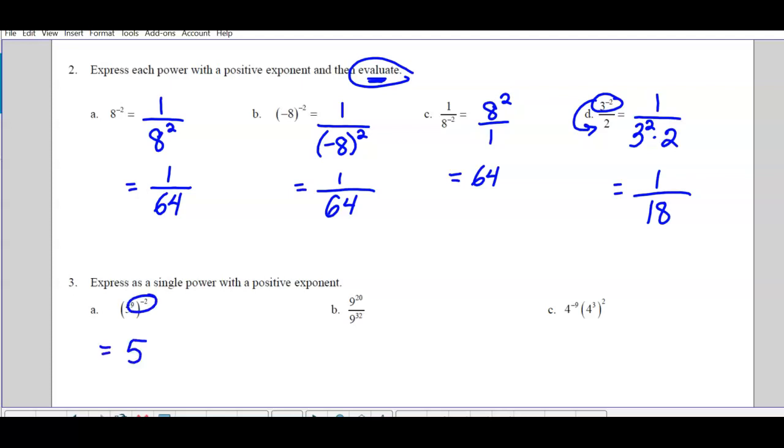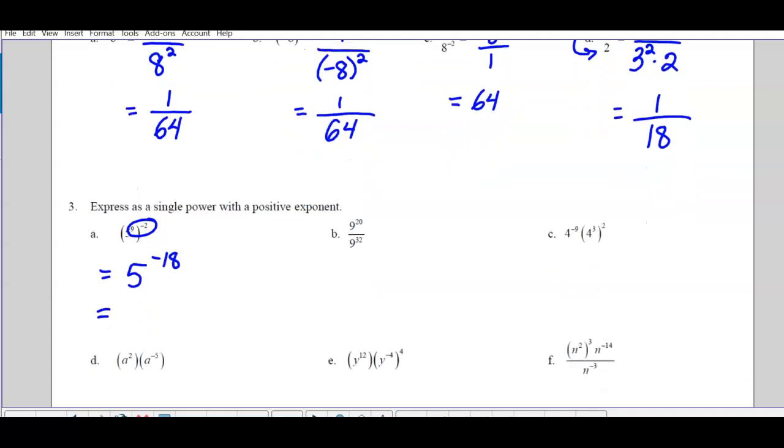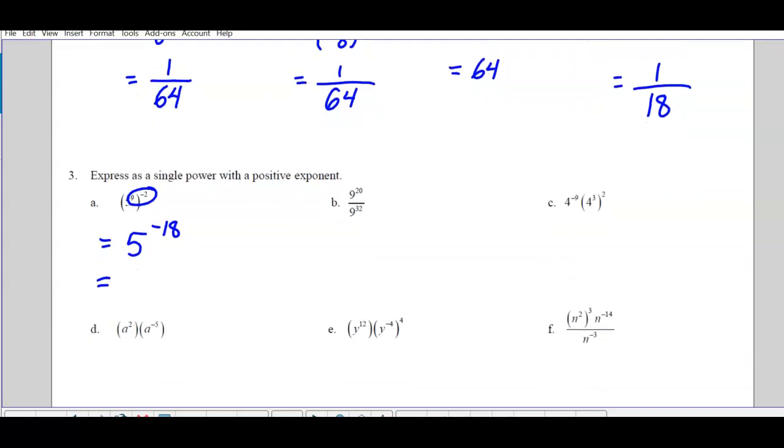So who can tell me the exponent before I do any flipping? Hands up. Negative 18. Good. Now, got to make it a positive exponent. As you go on in math, there'll be times where you need it as a negative exponent, but that's actually more past high school. Usually in high school, we want it as a positive exponent. Or you leave it as a negative if you're going to do some other work with it.